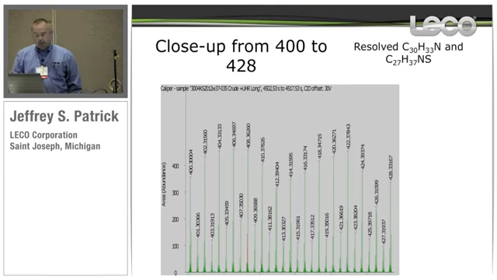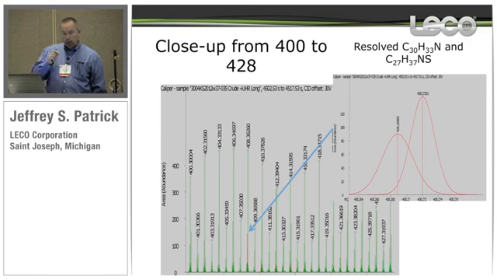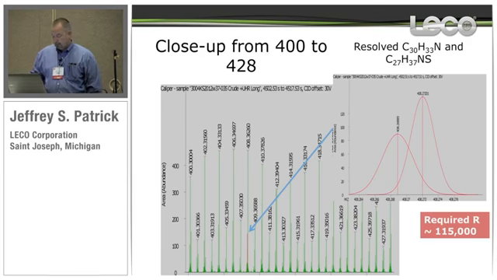Can we do it on the FT, or can we do it on the HR TOF? Actually, we can. If we look at this pair here, this is a distribution of a crude oil sample. Look at this pair, and you can see by the inset, we can in fact detect and resolve those two species that differ by approximately 3 millidaltons. And that lets us do a very robust characterization.